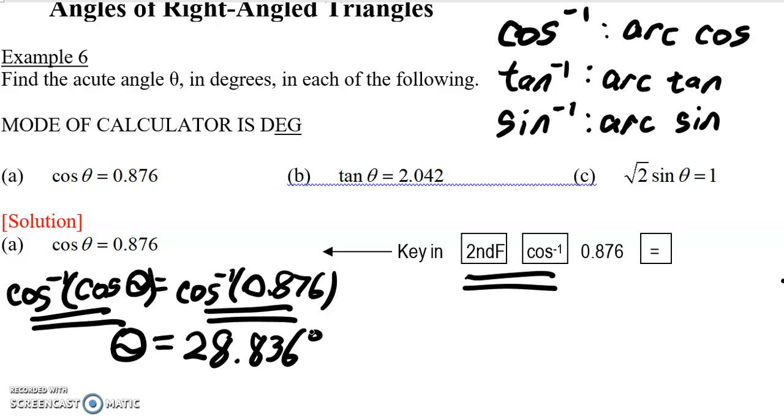Of course, for your final answer itself, we do not just truncate it at 5SF. So what do we do since it's angles? We round them off to 1 decimal place. And this is your final answer for this 6A. Okay, simple enough?